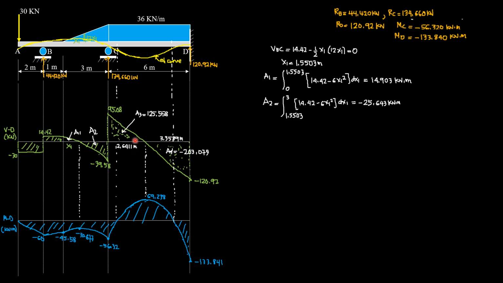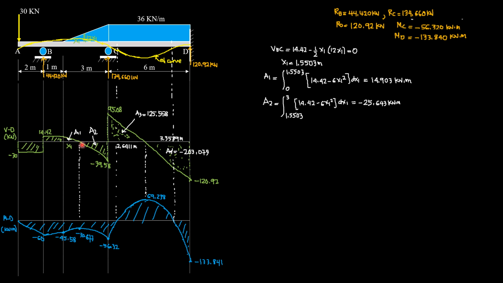So you can compute this area easily because these are just triangles. Those are the indicated areas: 125.558 kilonewton meter, and this is negative 203.079 kilonewton meter. So here we have to set up the shear equation for BC in order to find this distance x1 where the shear is 0.